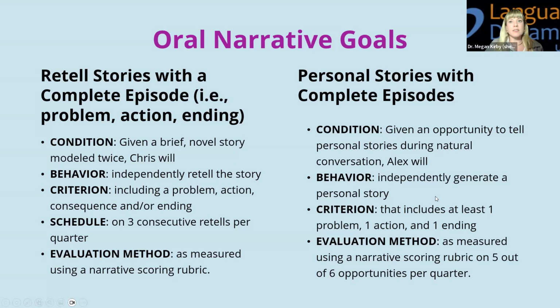I want Alex to independently generate a personal story, not someone else helping him, that includes at least one problem, one action, one ending. So I'm not even saying it needs to be complete and coherent. It just needs to have these things. And I'm going to measure using a narrative scoring rubric. We have the NLM flowchart that comes in the back of the CUBED manual. And so you can use that for any context if it's not the actual story that we provide.